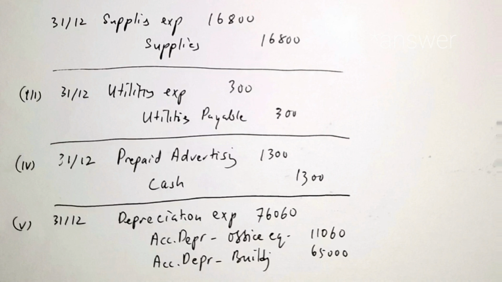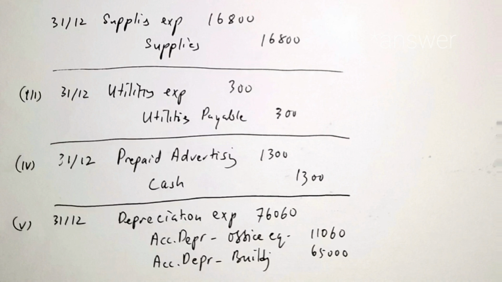For the question that we have discussed, there are 2 non-current assets. Office equipment, the depreciation expense is 11,060, and for the building, the depreciation expense is 65,000. So the total of these two is 76,060.